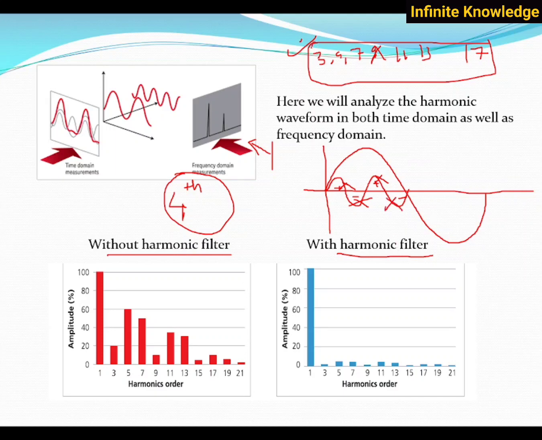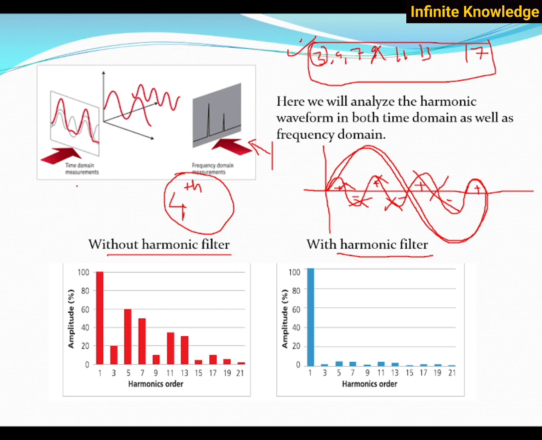But when you talk about the third harmonic, 1 2 and 3, the positive and negative cancel out the effect of each other, but this positive remains, and that finally superimposes on our main waveform and creates the error.